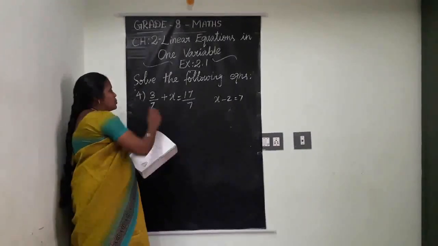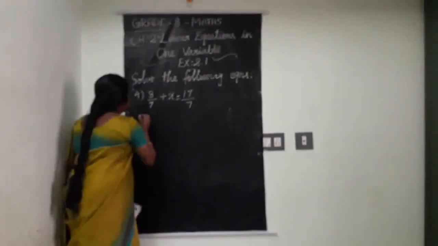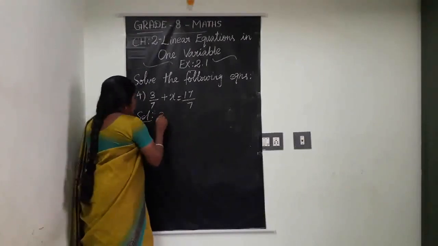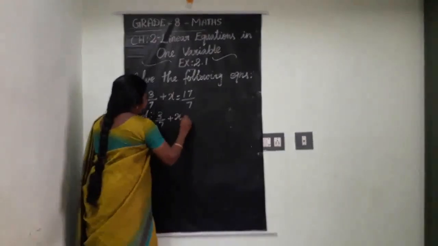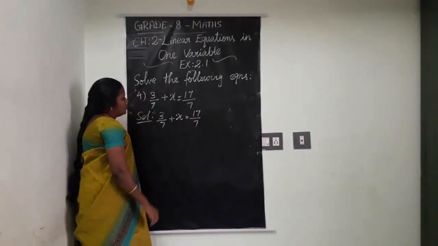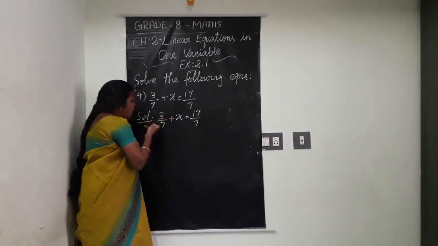Clear? So in this model, let me solve one question. How to solve? By which method am I going to solve? By the transposition method only. I want only x on my left hand side. I do not need this part.